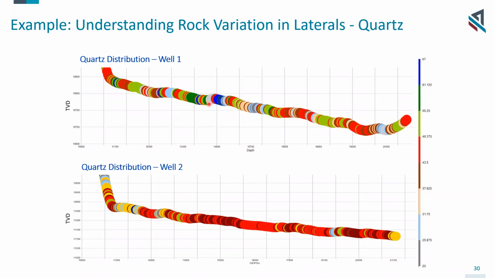And well number one is showing quite a varied range from 25% up to over 60% of quartz, whereas well number two is much more uniform and a lower concentration of quartz. So we really keep that in mind.